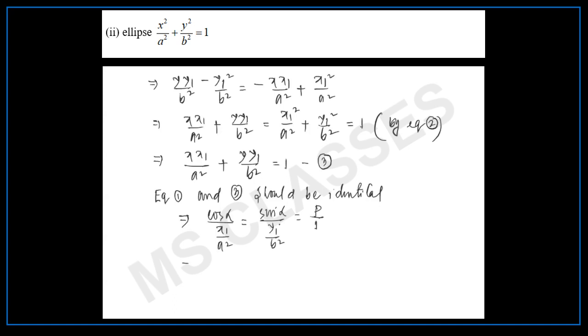Now from this we can find x1, which is a square cos alpha by p, y1 is b square sin alpha by p. This should satisfy equation 2.